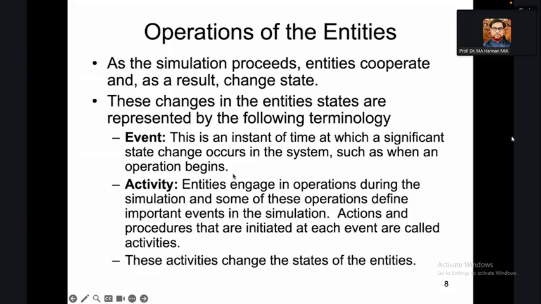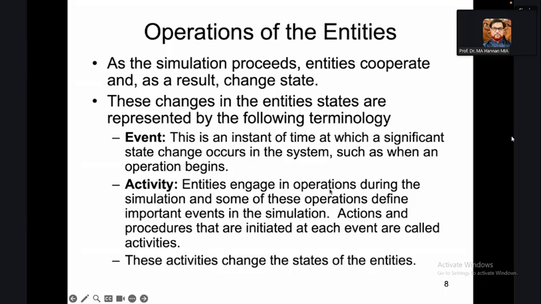Say, for example, as a booking clerk, you received a telephone call. Receiving a telephone call is an event. Or maybe somebody is at your door or at your counter, so you are talking to him or her, that is also an event. And activity means, in this particular event, when someone came to your counter, activity starts.